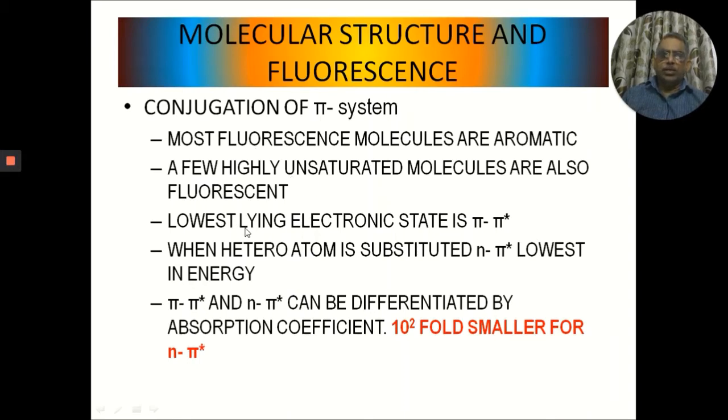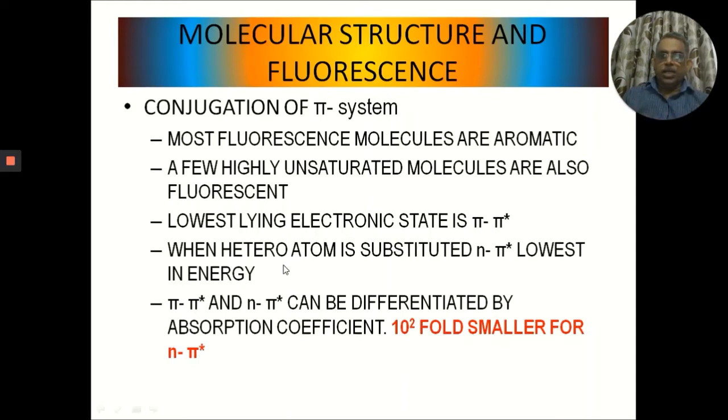The lowest lying electronic state is the pi to pi star in this conjugated pi system. If you have a heteroatom substituted in this pi system, then the n to pi star becomes the lowest energy. Now you can see that by making a substitution in the aromatic system, you can alter the energy level positions of the n to pi star and pi to pi star. If you introduce a heteroatom, n to pi star becomes lower in energy.